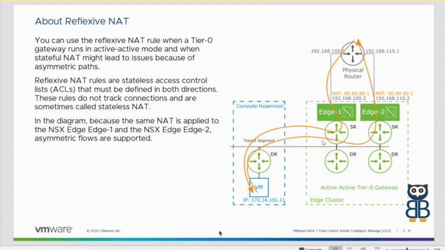As per ECMP, it can forward the traffic via the other T0SR, which is running on Edge 2. Here again, that T0SR can NAT that traffic while it's going out, completely in a stateless manner. They will not be bothered about tracking connections or maintaining any NAT conversion table or anything.